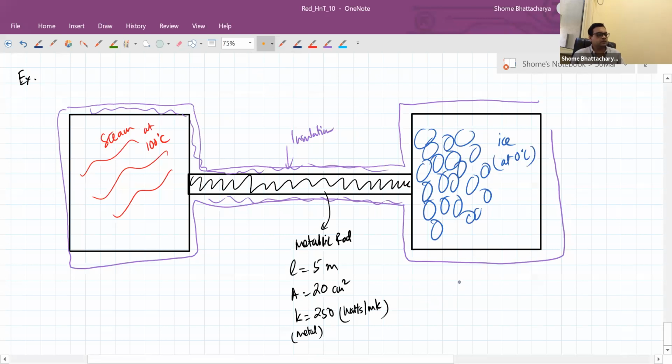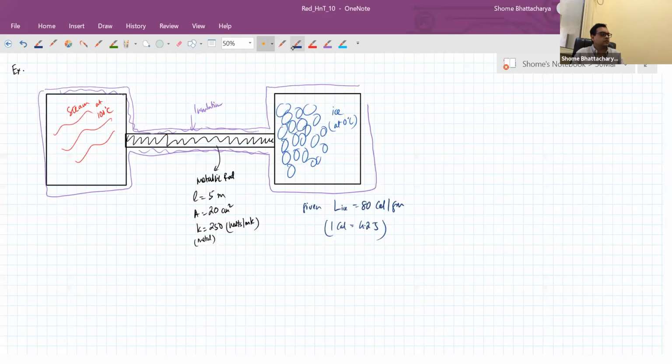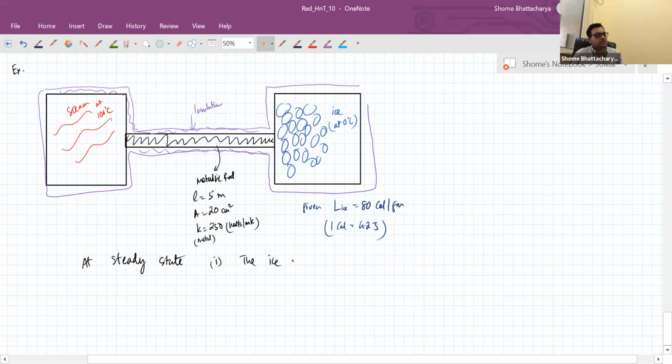So given the latent heat of ice is 80 calories per gram, and take 1 calorie as 4.2 joules. At steady state, find the ice in grams melted per minute due to conduction.